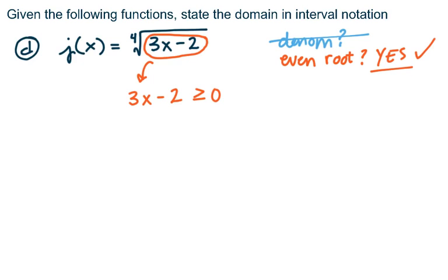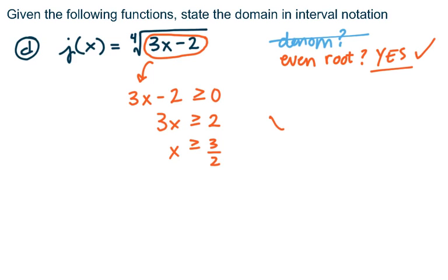So we say 3x minus 2 must be greater than or equal to 0. So let's look at solving for x. That would be 3x is greater than or equal to +2, or x is greater than or equal to 3/2. So as long as x is greater than or equal to 3/2, I will have a number that makes the value under the radical greater than or equal to 0.